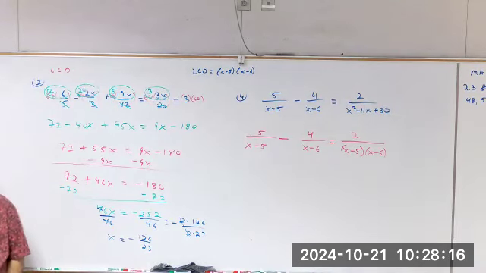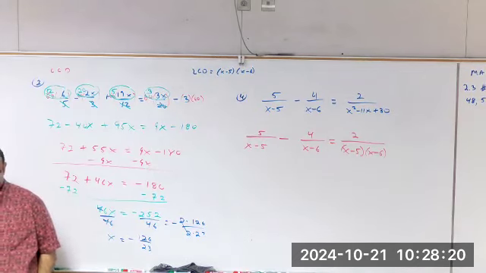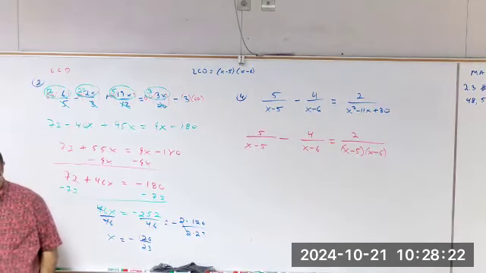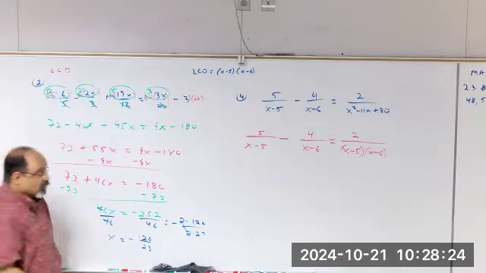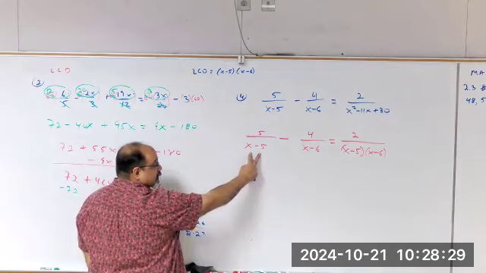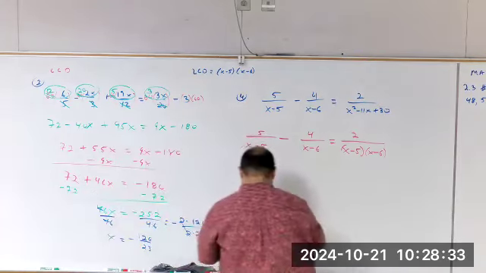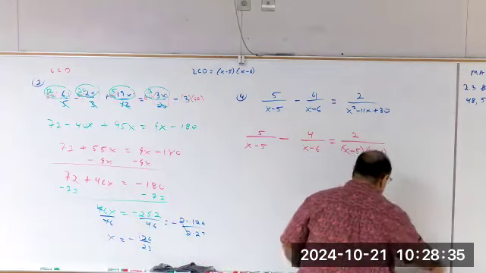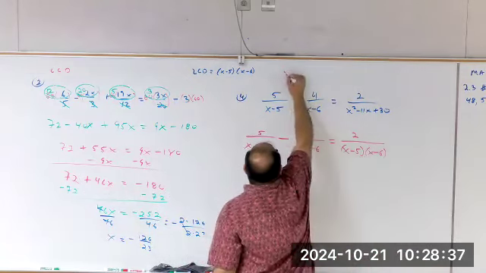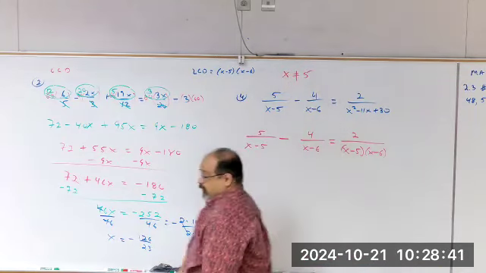I could get an x that I can't use in the denominator because it makes the denominator 0. What would make x minus 5 equal 0? 5. So here's the deal. If we get x equal to 5, we have to throw it out because we can't use it.